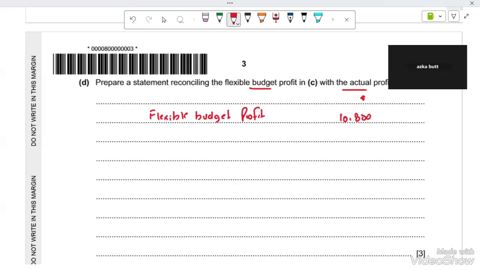And because the sales price variance was favorable, which is 5,400, that's why we need to add this sales price variance, which is favorable. Okay, and the total direct material variance was adverse, and that's why we need to subtract.